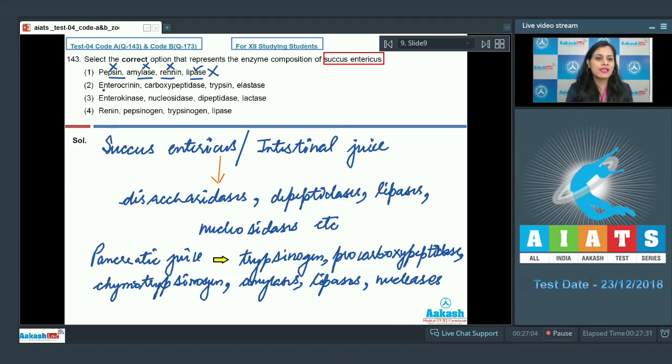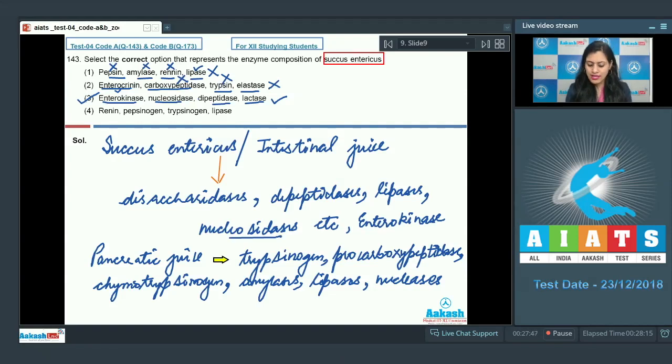The next option given is enterocrinin, carboxypeptidase, trypsin, and elastase. And this is an incorrect option because enterocrinin is a hormone, whereas carboxypeptidase and trypsin are pancreatic enzymes rather than intestinal enzymes. The next option given is enterokinase, nucleosidase, dipeptidase, and lactase. And this is a correct option and is a correct answer to our question because enterokinase is also an intestinal enzyme.